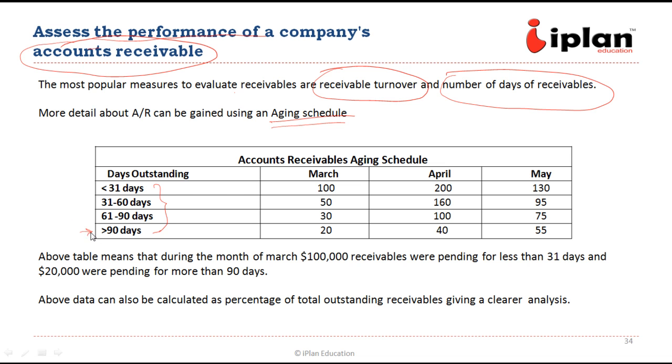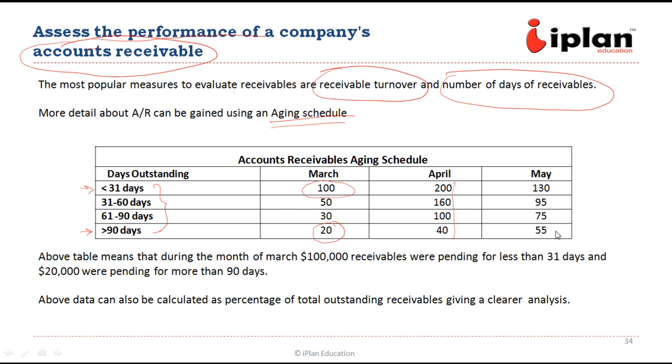So this is the case where accounts receivable outstanding is very high, and this where we are able to receive our receivables very quickly. For example, in this case, only 20 were left for more than 90 days and 100 were received within 31 days. And in March, the ratio was different.